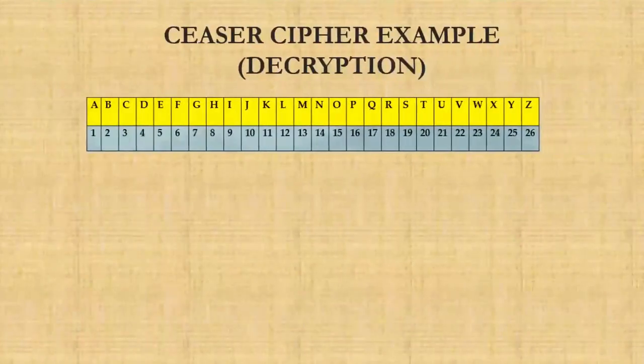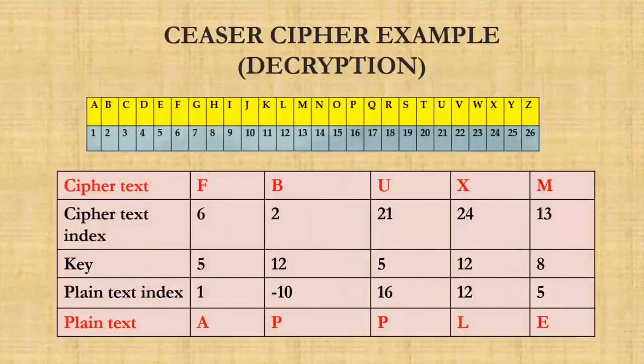Now, if we talk about Caesar cipher decryption, here we have the same box with characters and index. In this part, we will convert ciphertext into plain text. We have taken the previous ciphertext FBUXM, and we have converted it into the same plain text.